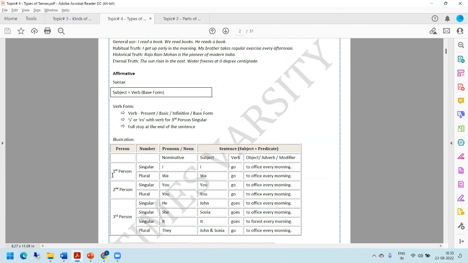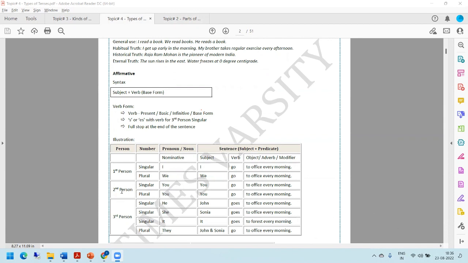Now first person plural, we. This time we are using the pronoun we. We go to office every morning. There is no change in the verb, only we are using a first person plural pronoun.